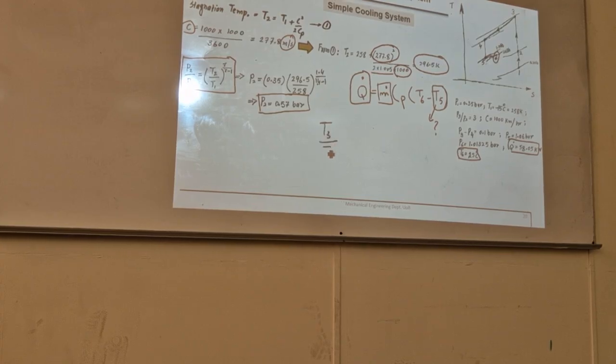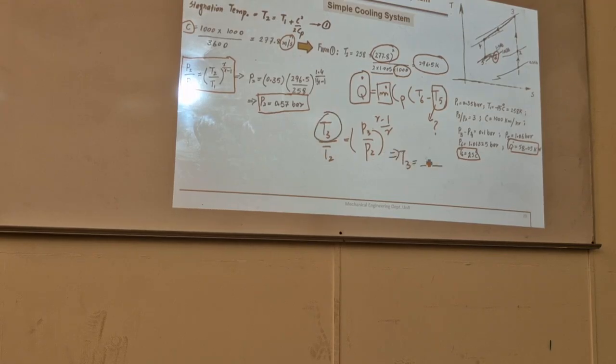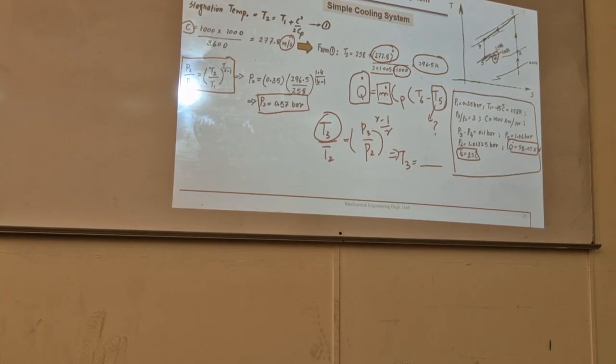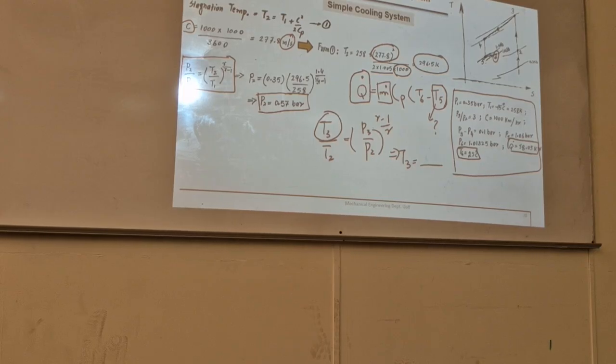How to find T3? Isentropic compression, so T3 by T2 is equal to, so from here I can find out T3. What about T4? Is T4 given? No. After that heat exchanger, the temperature is not given.